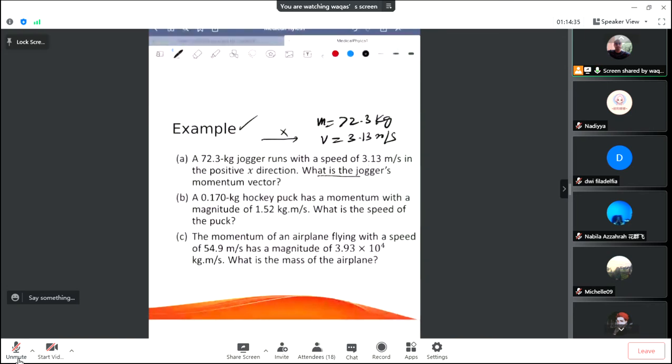What is the jogger's momentum? So you need to find momentum. You can say that P equals mv. Use this m, 72.3, multiplied by v, 3.13. So you can get the answer. Similarly, you can solve this one and this one as homework, and then give it to me.